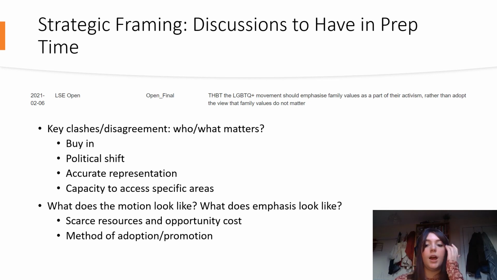But all of this is centered on the question of who or what matters. So you've got to prove and do weighing within the debate about, if two changes occur, so you get more conservative people in the LGBTQ+ movement or identifying with it or supporting it, and then that also means that on the flip side you get maybe a less accurate representation of views of the majority of the LGBTQ+ movement, but they're probably not going to leave the movement.